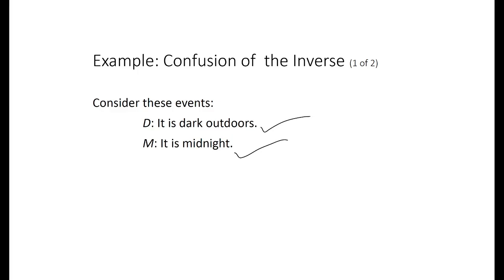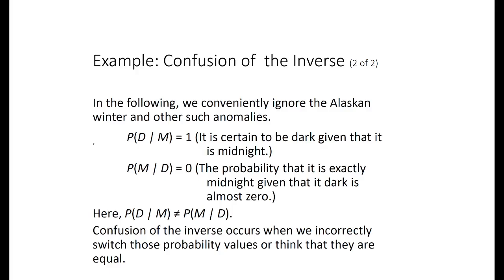So now we can say that the probability of finding it dark outside given that it's midnight is 1, because when it's midnight it's already dark. It's certain. But the probability that it is midnight given that it's dark is very, very low.